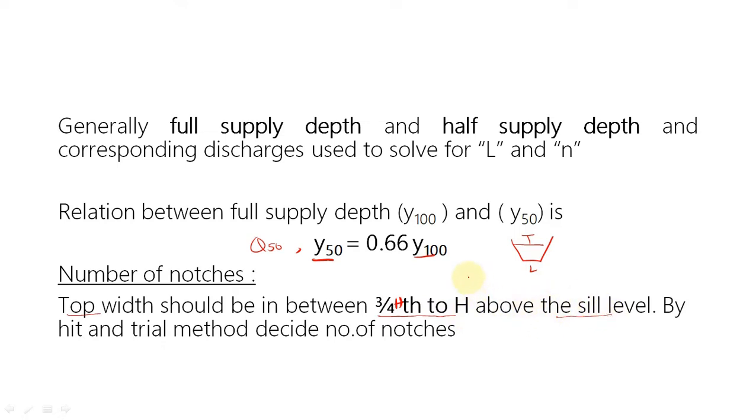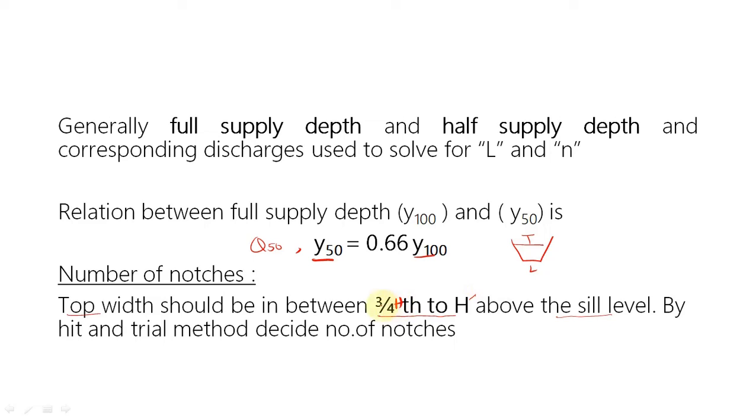Suppose in the first trial you have assumed 3 notches. After that you calculate the top width, but it is out of the range of 3/4 H to H. Suppose the top width is greater than H. Then you have to increase the number of notches.